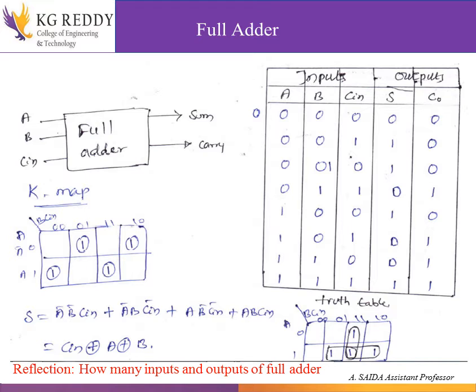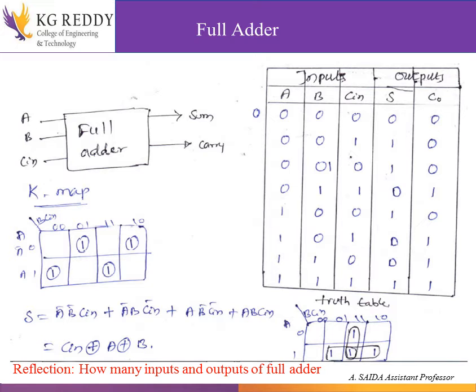To implement this full adder sum and carry, we should have the Boolean equations. To get the Boolean equations, go for the K-map.